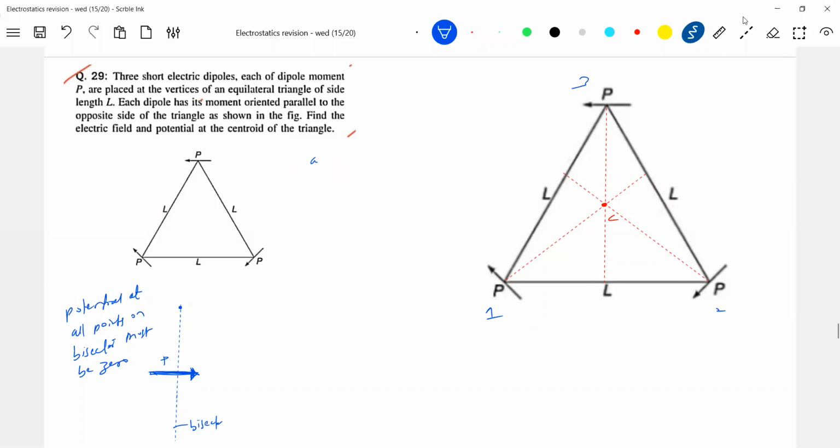At C, potential at C equals V1 plus V2 plus V3. Due to each individual dipole, it is 0. Now what about the field?